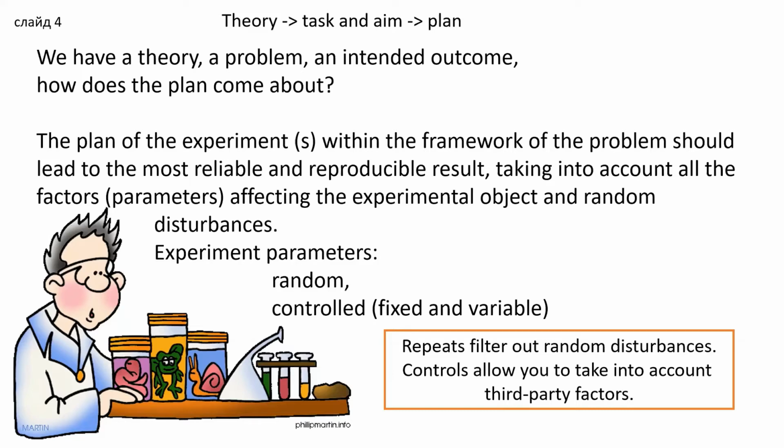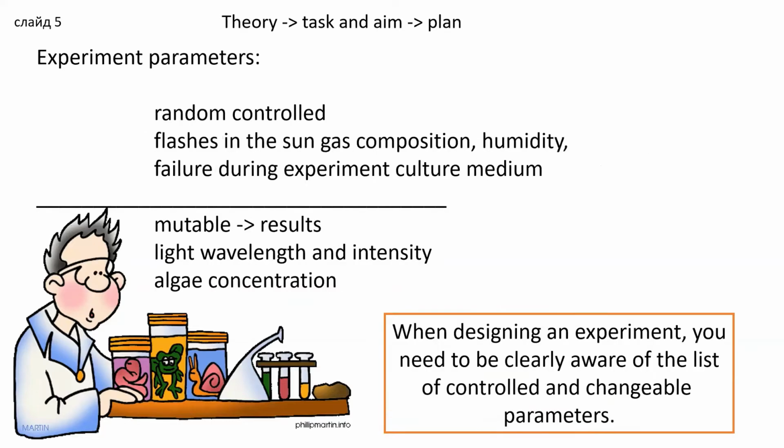Repeats can filter out random disturbances such as an electricity shutdown, colleagues running in, or something unexpected like an earthquake. Controls allow you to take into account third-party factors, something that you should have thought of, but you cannot really control it, or you're not really sure whether you can control it.